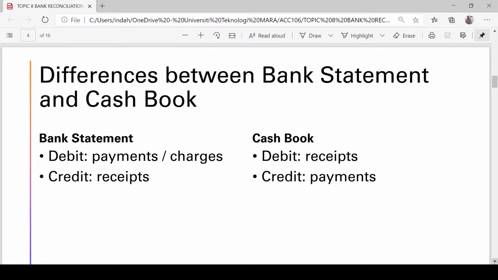For the cash book, as you have learned before, debit is to record any receipt, and credit is for any payment of cash, and our focus here is payment of cash using check.